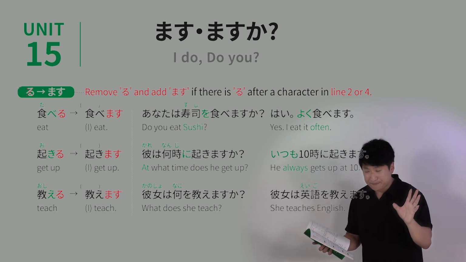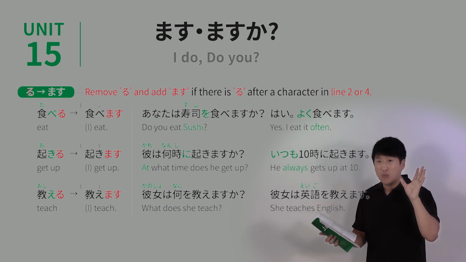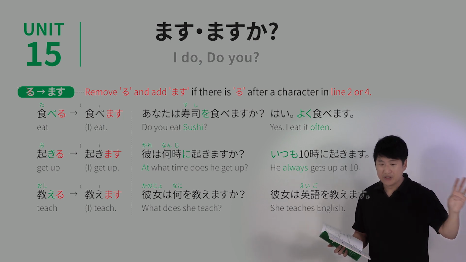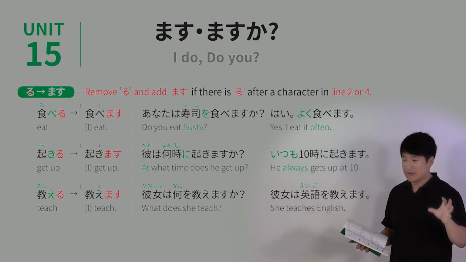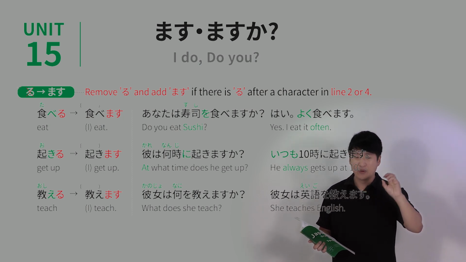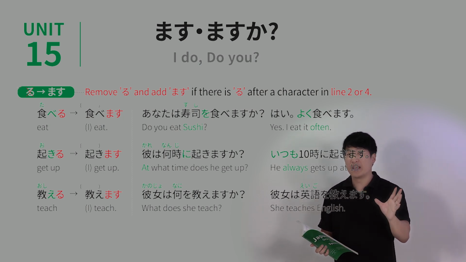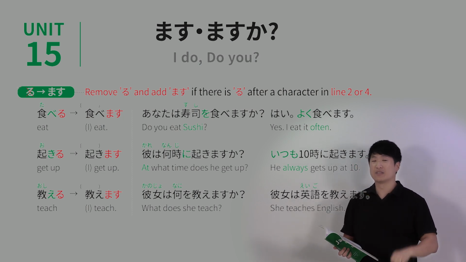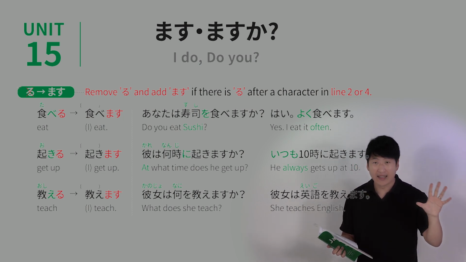All right, today, this type is with verbs. We've been using nouns and adjectives only, right? Adjectives, words that end with い or だ, right? Today, something like go, eat, drink, work out, study, that kind of words.